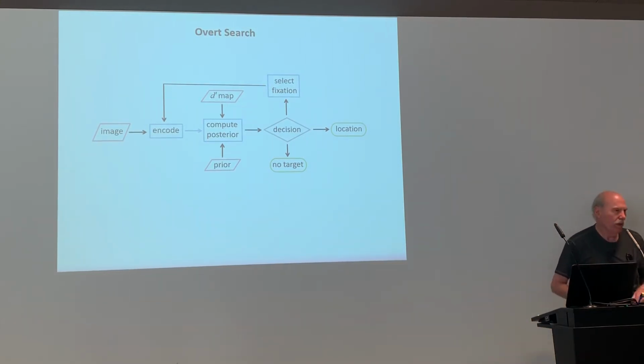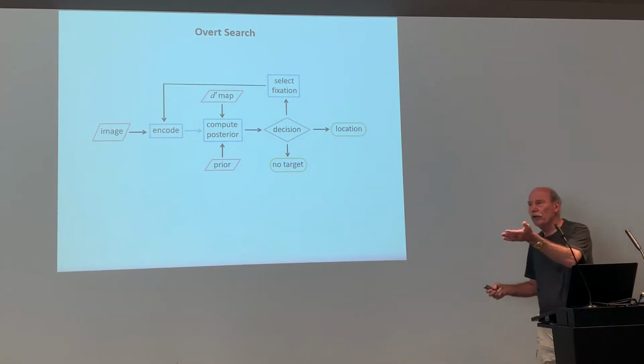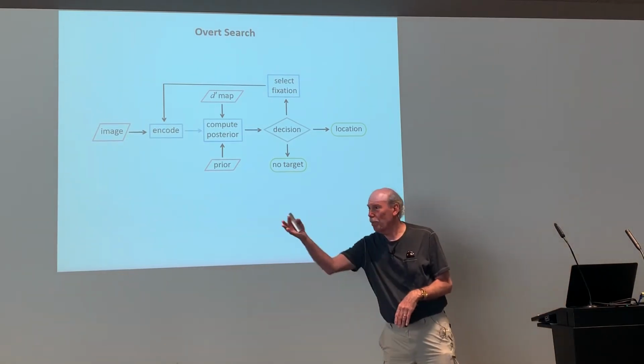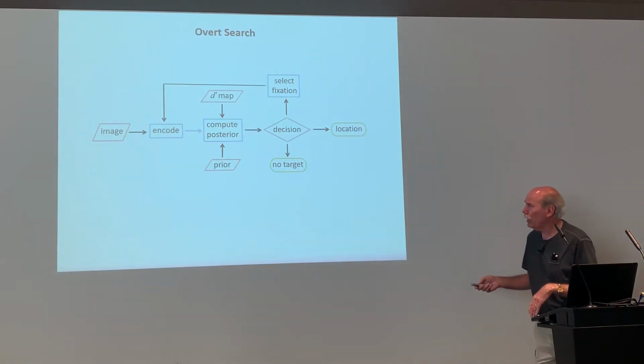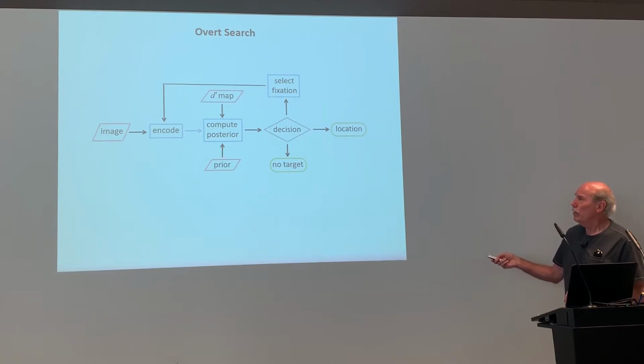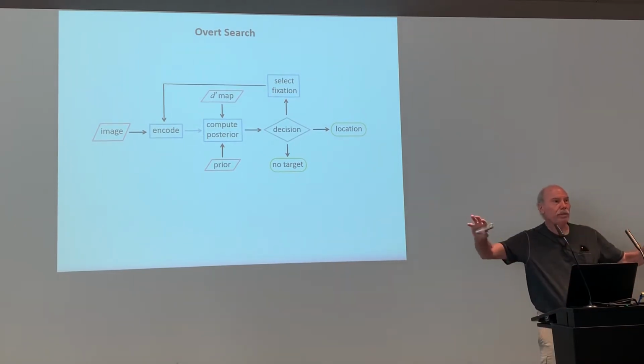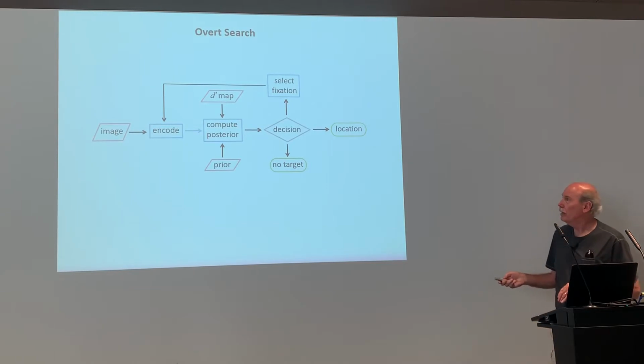If you're looking on a search display, or if I tell you to look for something on this tabletop, there's a prior, it can be somewhere in there. The prior can be whatever the person adopts. I don't necessarily mean the absolute true prior. As a model, it might be what the organism's prior is. Or if you're searching in street scenes, like Antonio talked about, and you're looking for humans, this prior might be more confined to where humans are likely to be.